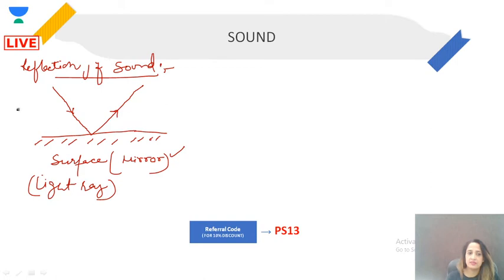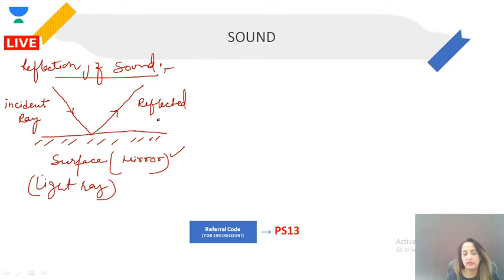This is called the incident ray, because it is incident, it's hitting a surface, and this is a reflected ray, right? And there is a normal, so this is the normal.